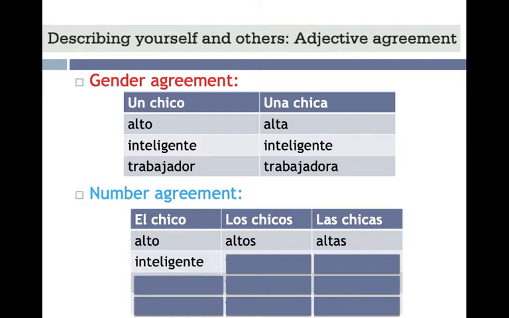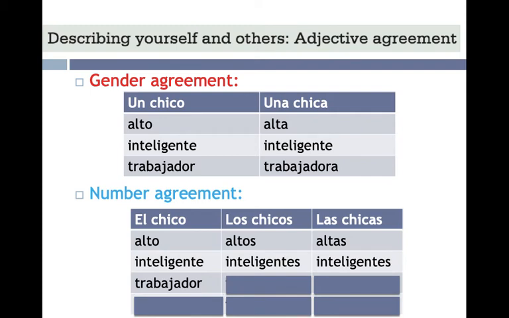So we started up above with el chico inteligente. How would I say the smart boys? Los chicos inteligentes with an S. How about the smart girls? Las chicas inteligentes. Muy bien.